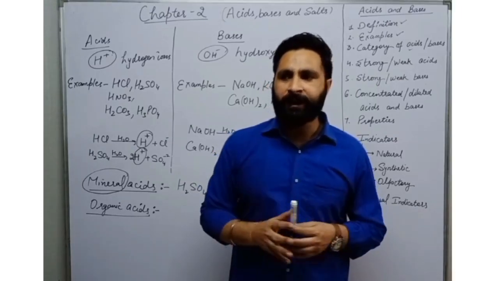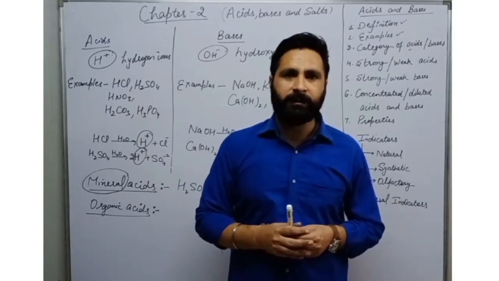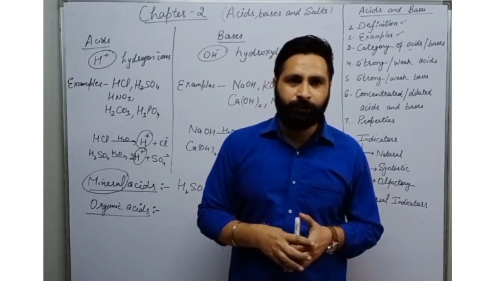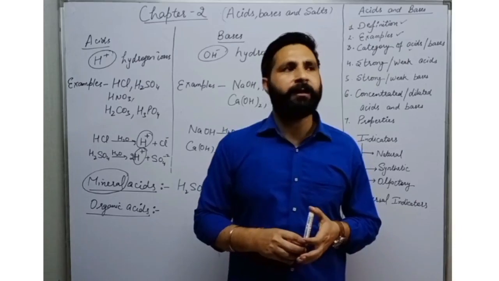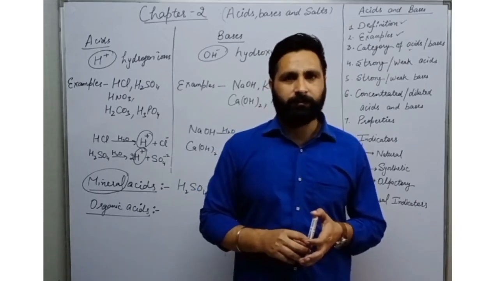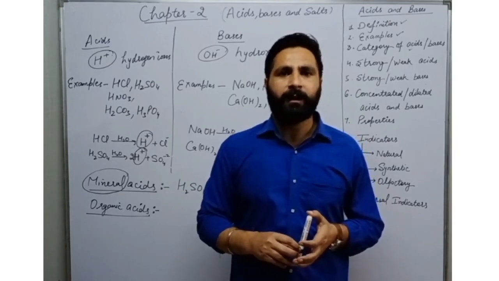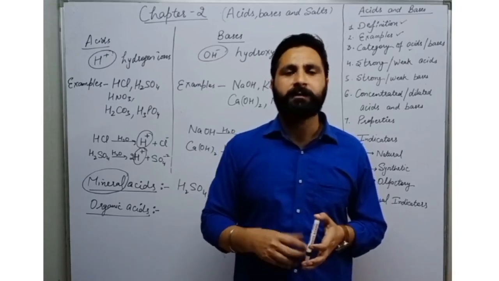So we can define it as: the pure form of acid is called concentrated acid. We can give another definition also: those acids which contain the least amount of water are called concentrated acid. Same you can define base.